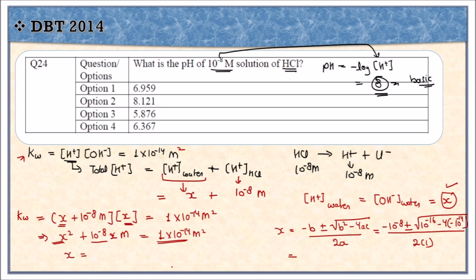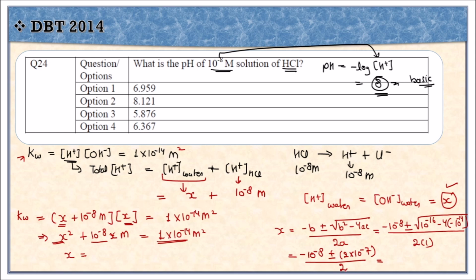Okay, so I will write one more step for you, 10 to the power minus 8 plus minus bracket 2 into 10 to the power minus 7 divided by 2. Okay, now either we will add or we will subtract 10 to the power minus 8 with 2 into 10 to the power minus 7, whichever will give us our right answer.